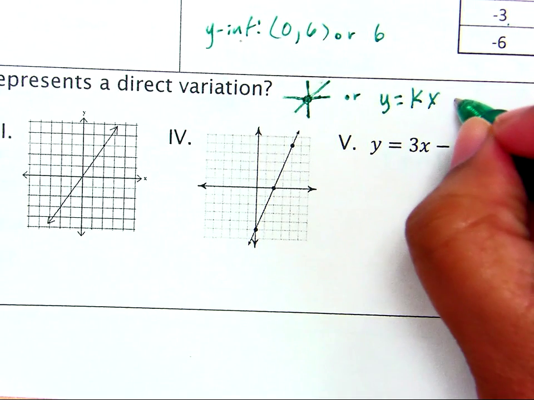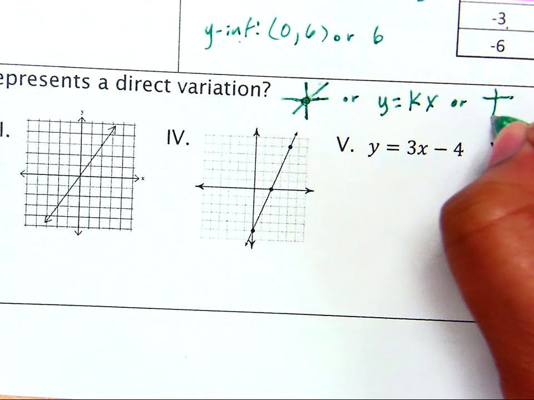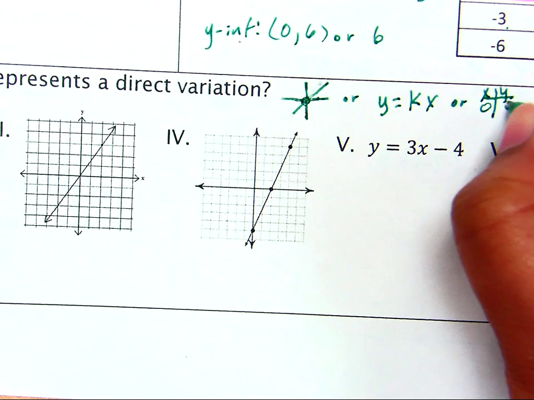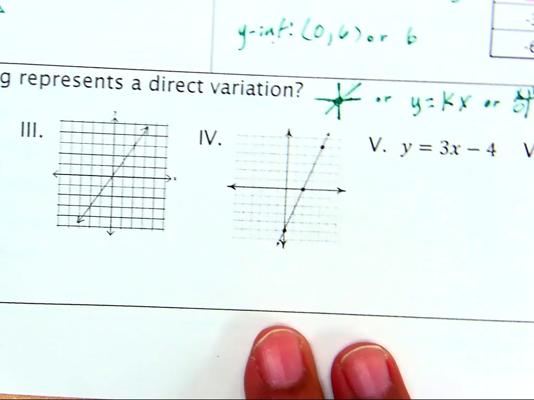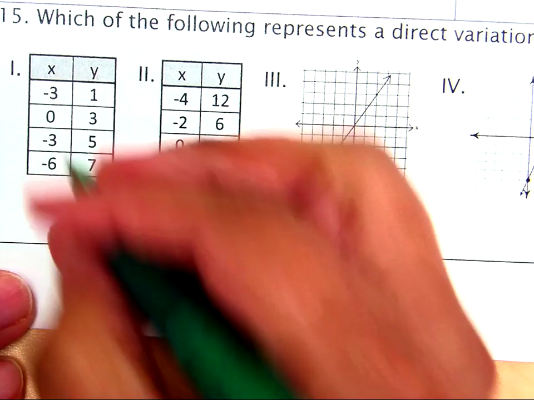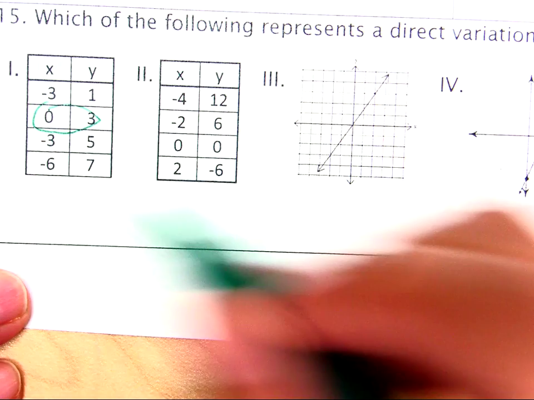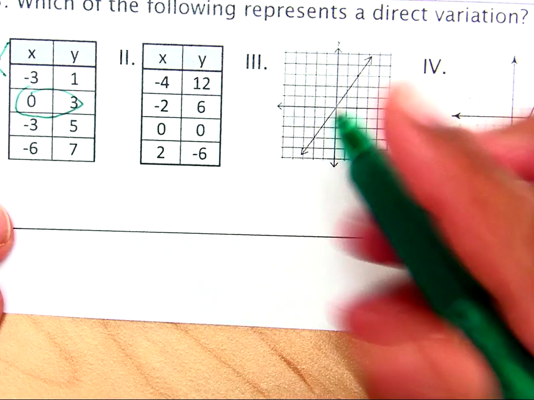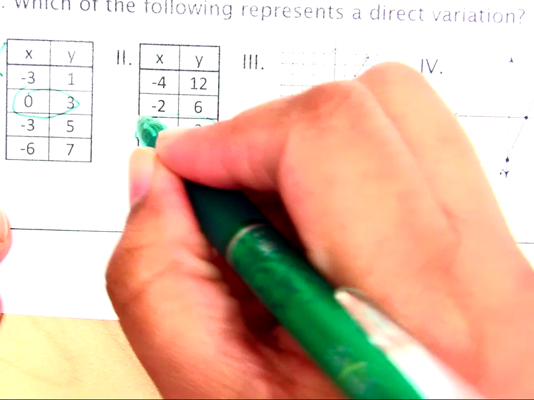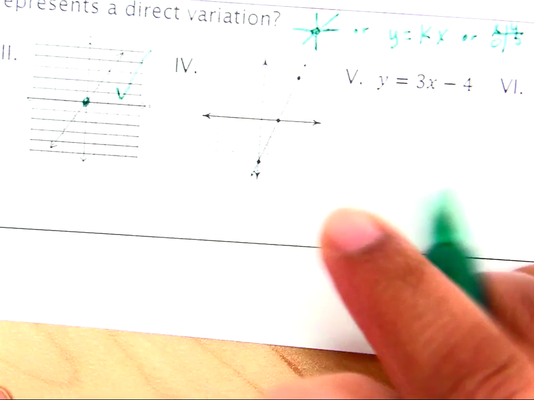Or if you're looking at a table, it has to have the ordered pair 0, 0. So there's three things. So if you look, I have 0, 3. We're looking for direct variation, so this is not a direct variation. 2 has right here 0, 0. This is a direct variation. This one right here is going through 0, 0. That is a direct variation.